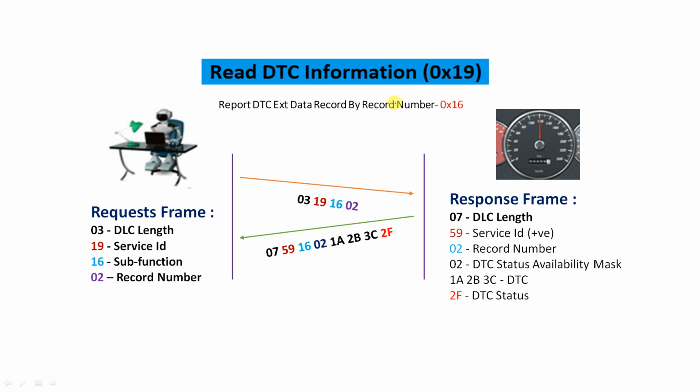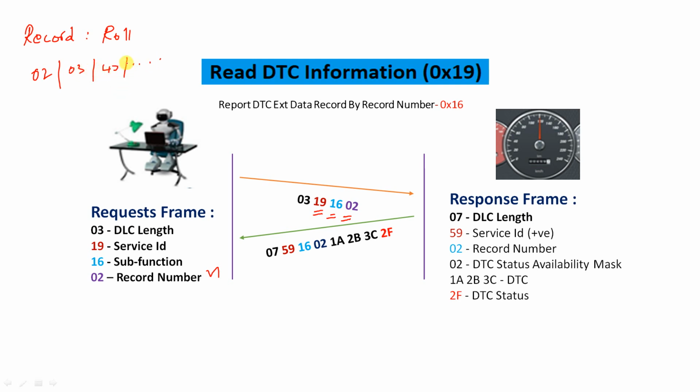Before that, what is a record number? A record number is kind of a roll number. Just like you had a roll number in your college days, a record number is like that. And we have so many record numbers; it depends on the supplier and manufacturer. Here, 19 is the service ID, 16 is the subfunction, and 02 is the record number. Instead of 02, we can even have 03 or 40 or whatever.